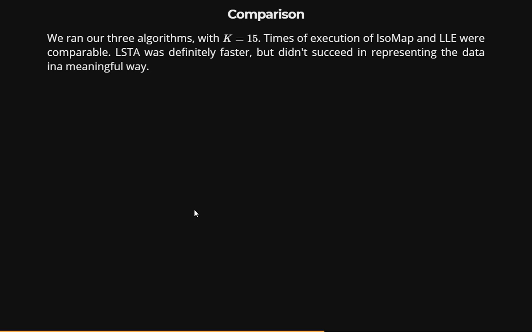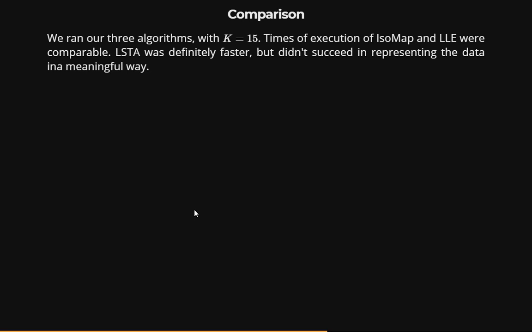Now, we run our algorithms with k equal 15. LTSA was definitely faster, but you can run into a lot of problems with the eigenvector solver, so you have to change the algorithm sometimes, and this produces weird behavior.